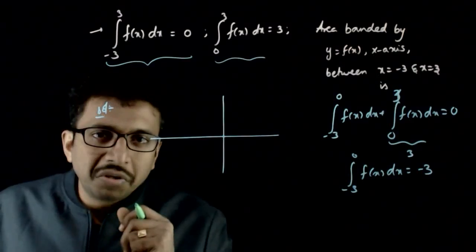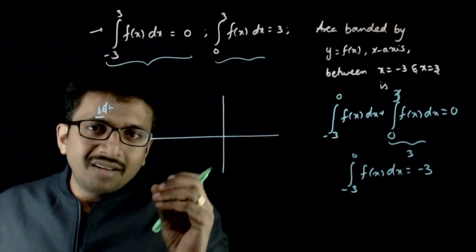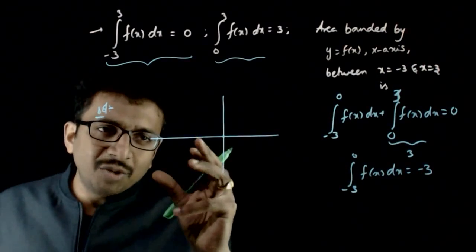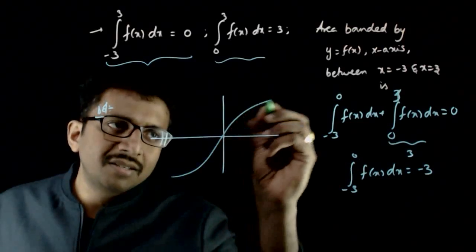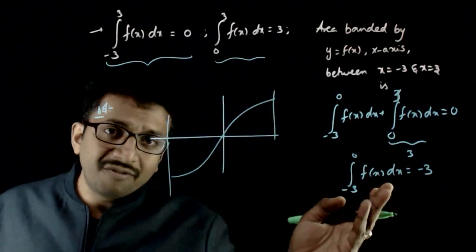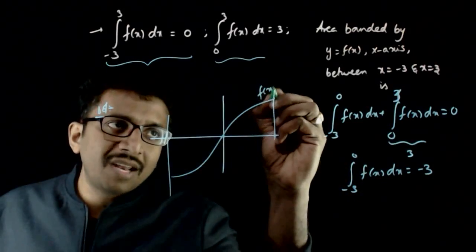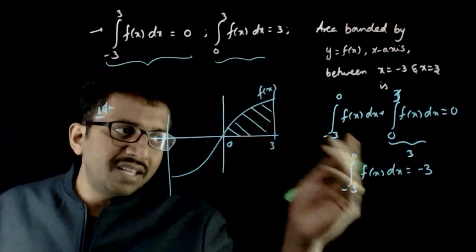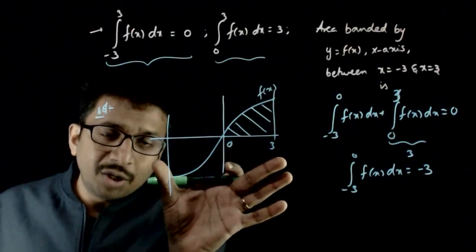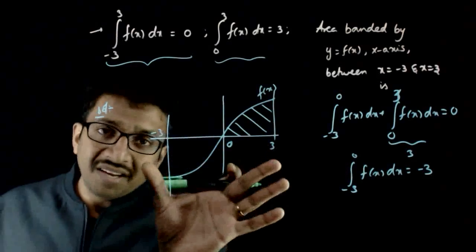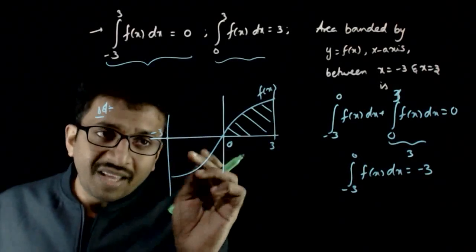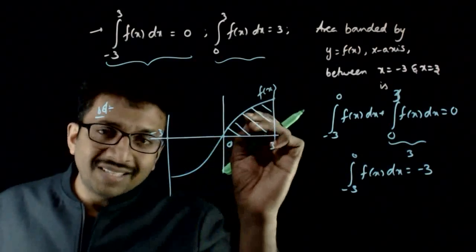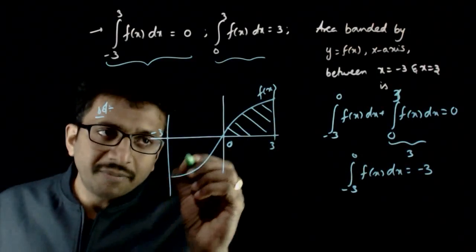What students usually tend to think is they assume the graph as something like this. From this information, the graph of f of x has to be something like this. That is 0 to 3, and this area is given as 3. The total from -3 to 3 is 0, which means the area on the negative side should be exactly the same as the area on the positive side.